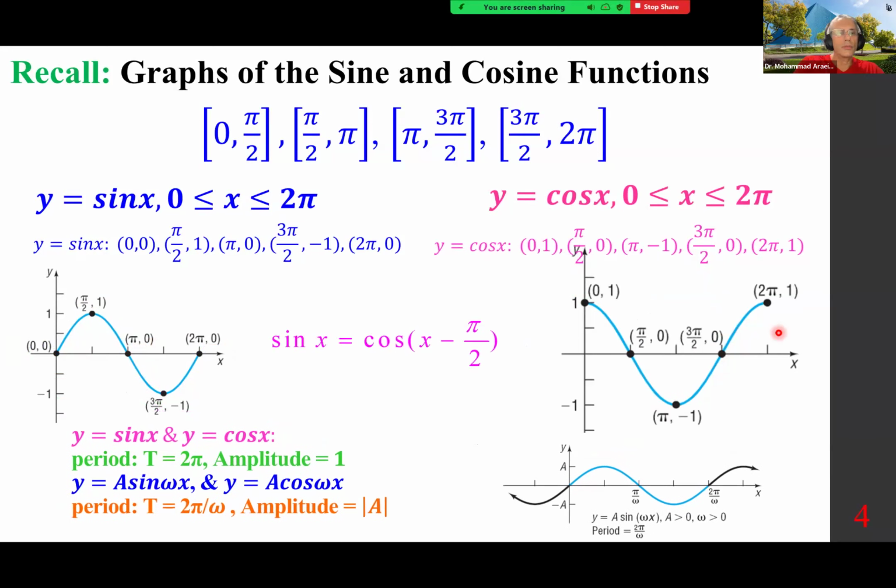In general, when y is sine or cosine, the period T equals 2 pi, amplitude is 1. If it's y equals a sine omega x or y equals a cosine omega x, the period is T equals 2 pi over omega, and amplitude is the absolute value of a.